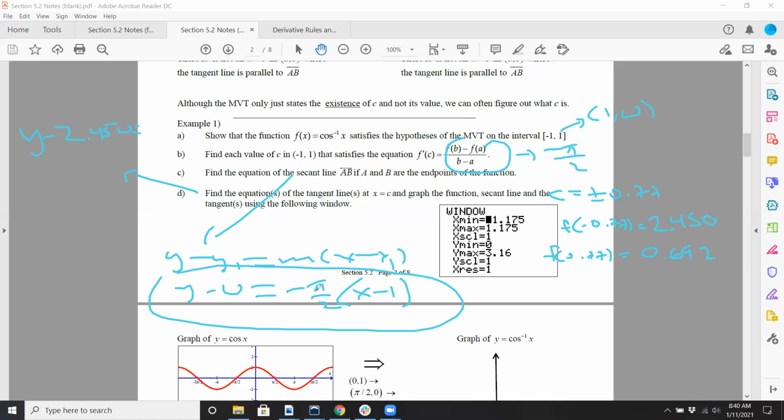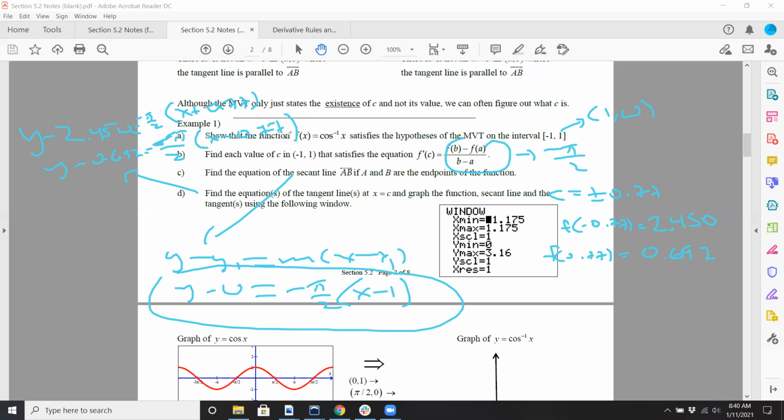Remember, my slope was the same thing, negative pi over 2, times x minus, or actually x plus 0.77, because the x value was negative 0.77. My other tangent will be y minus 0.692 equals negative pi over 2, sorry about that, times x minus 0.77.